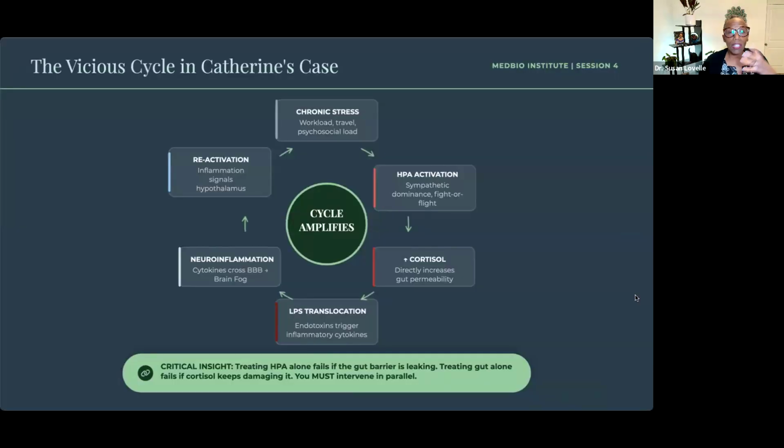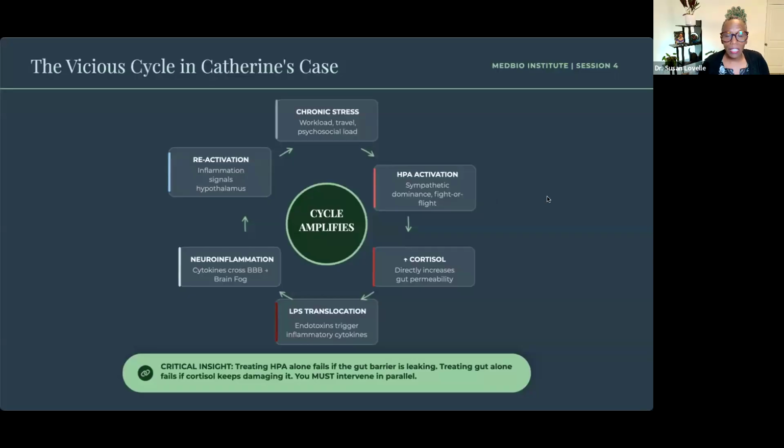Because this is this vicious cycle, and this is it in a picture. She's got the stress, her workload, her travel, her psychosocial load. Remember, she's in between two generations. She's got the ones below and the ones above, and they're pulling her when she gets home in two directions, which means that HPA is being activated all the time. She lives in fight or flight.